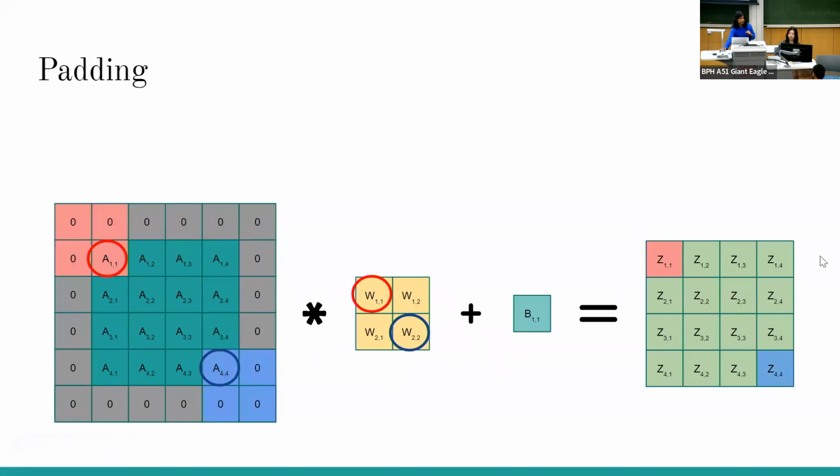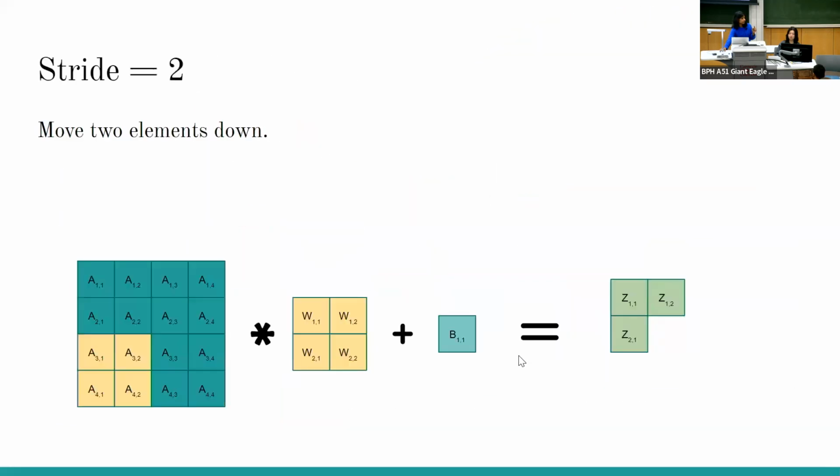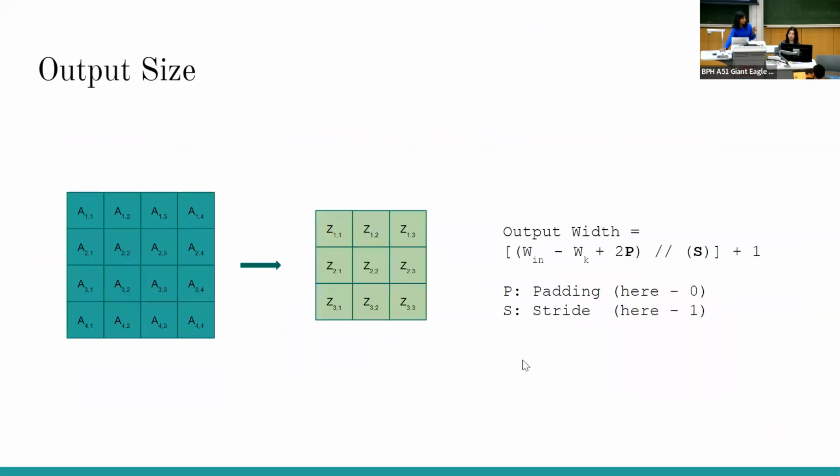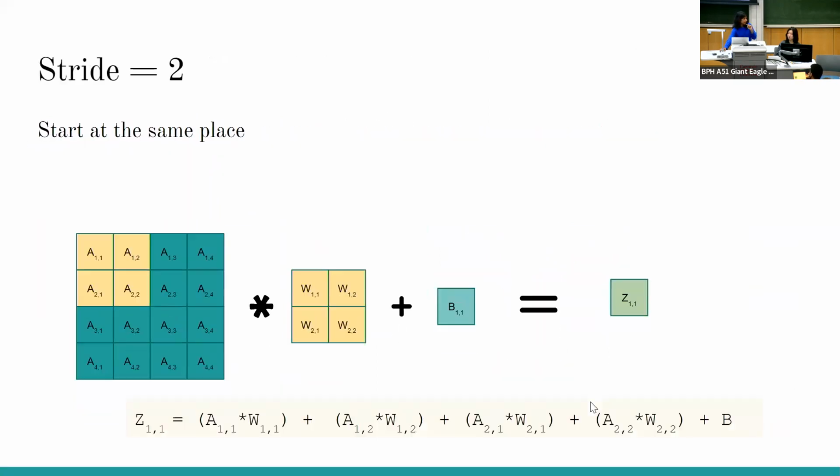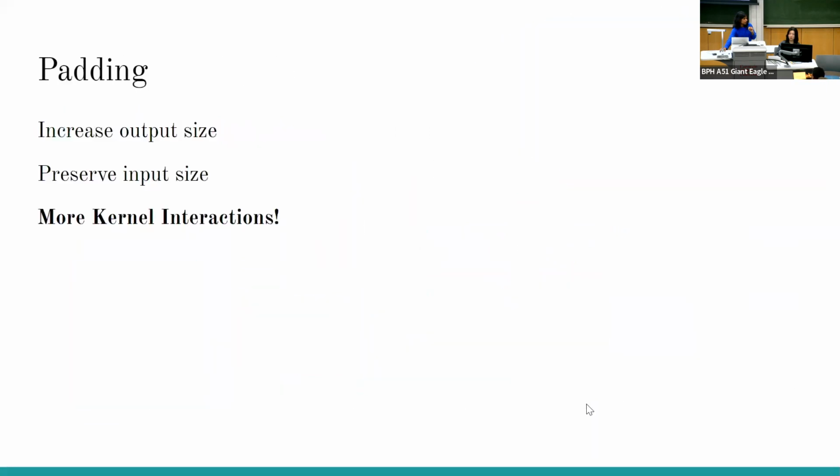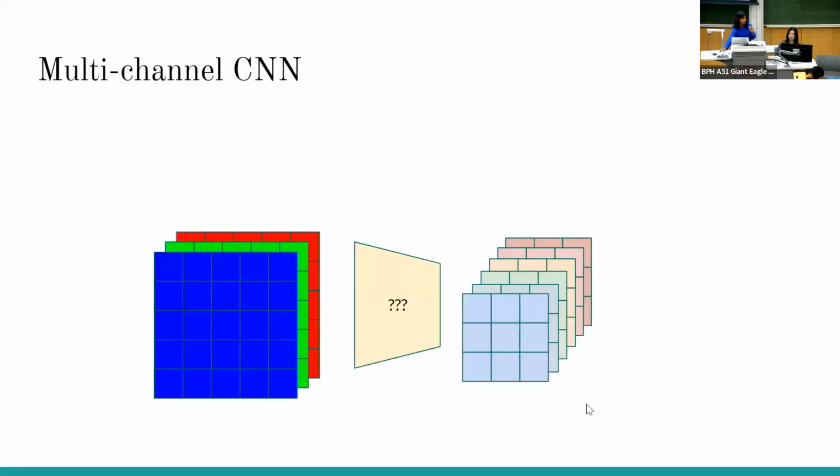You can again use this formula for calculating the output size. When you use a padding of 1, you can decide what the padding value should be if you want to retain the size: just put W out equal to W in, and you can decide how much padding you need. Okay, so this was the intuition behind padding.